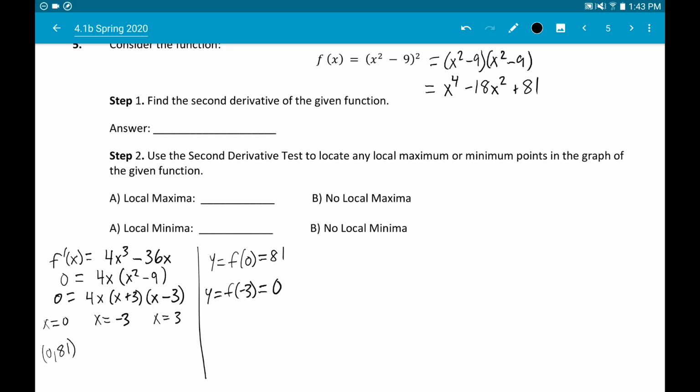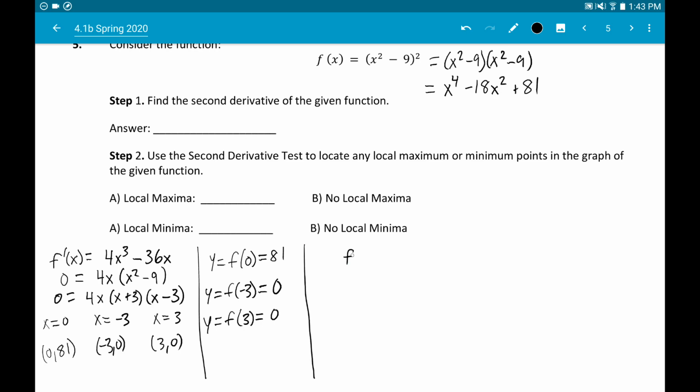I get 0. So (-3, 0) is a critical point. And then go ahead and plug in positive 3. That's going to be the same thing. So (3, 0). All right, so there we go. 3 different critical points, so 3 different points to identify as maxes or mins.